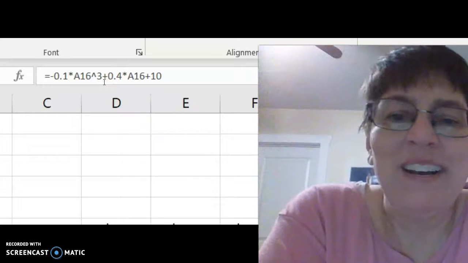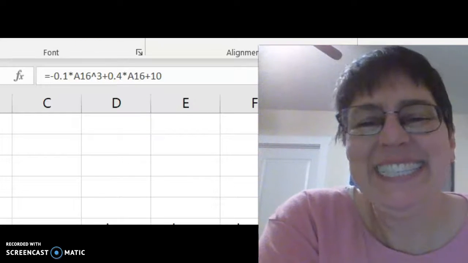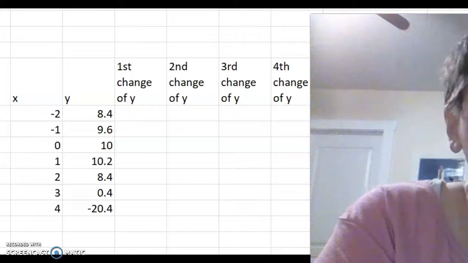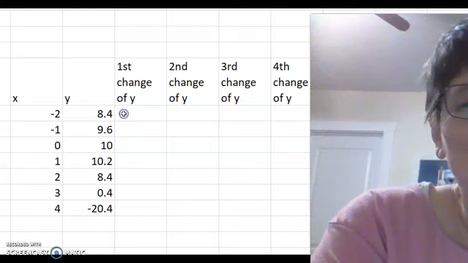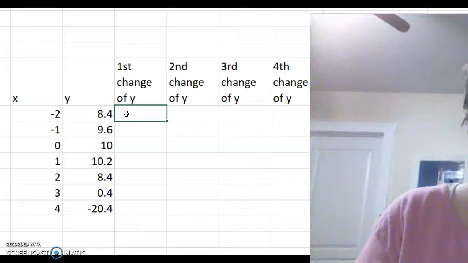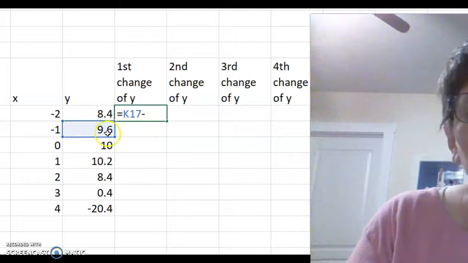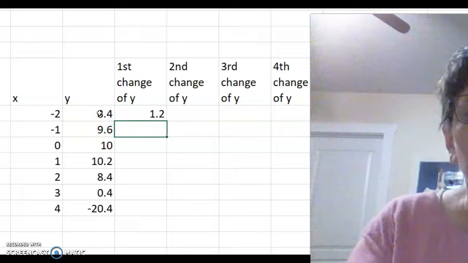So, do you want to bet on the last one? I just had a thought. Maybe I'll show you. No, I'll do the same thing. And then I'll show you the formula. Equals bottom minus top. Enter.